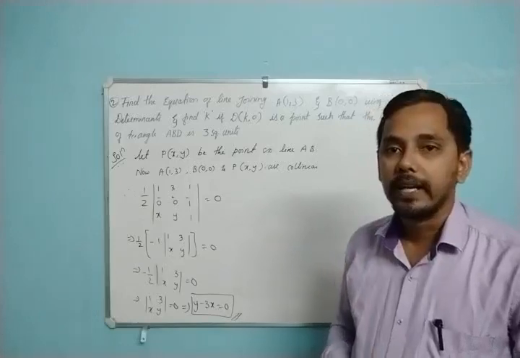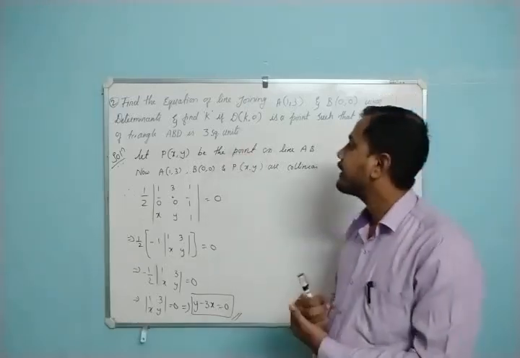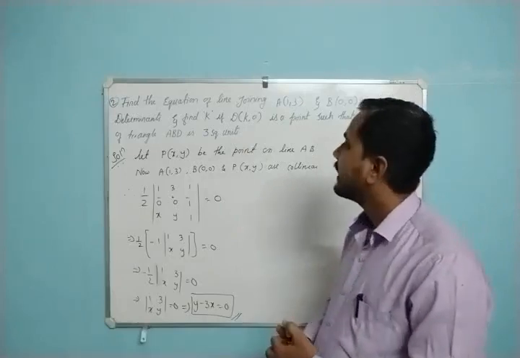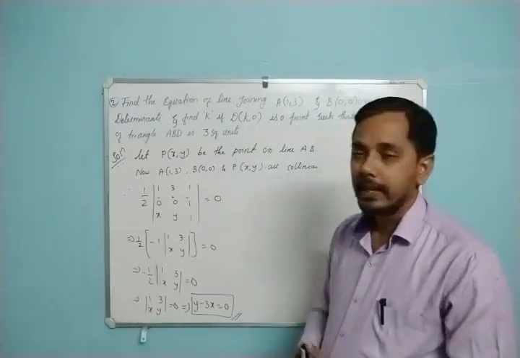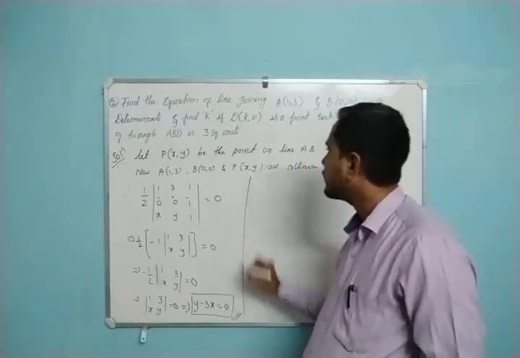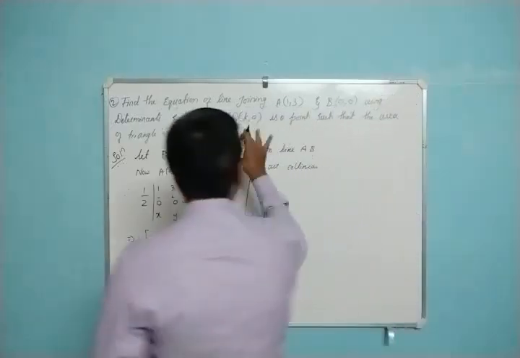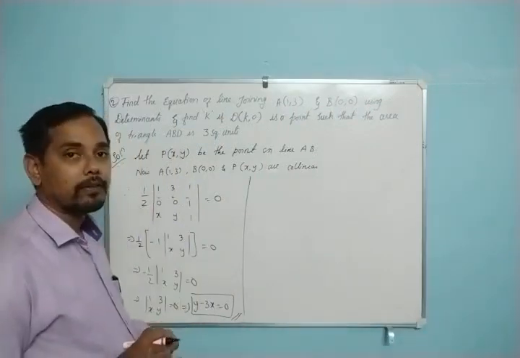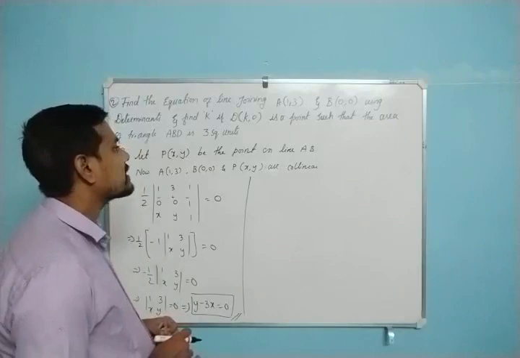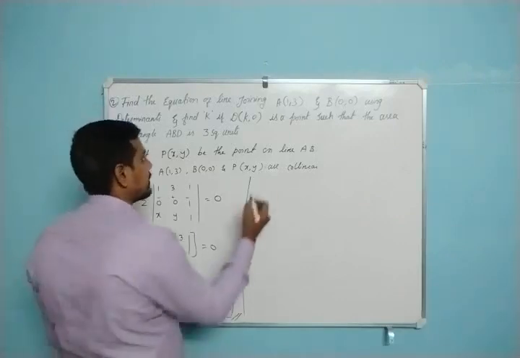Coming to the second part. What is there in the second part? Find k if D(k, 0) is a point such that the area of triangle ABD is 3 square units. This is the general methodology. So we need to find k if the area of the triangle ABD is 3 square units.